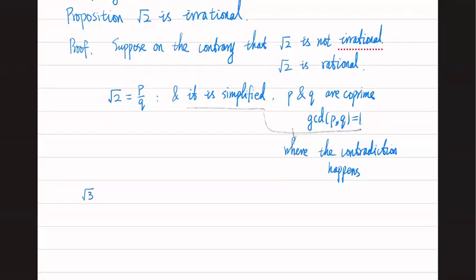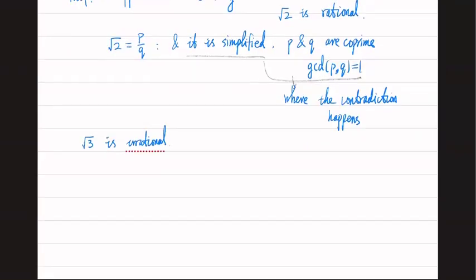Okay. Similarly, when we say square root of 3 is irrational, again we go to the proof by contradiction. Again, we assume it's simplified.